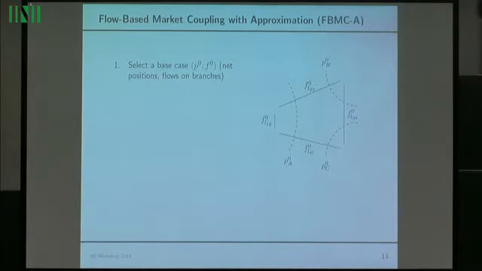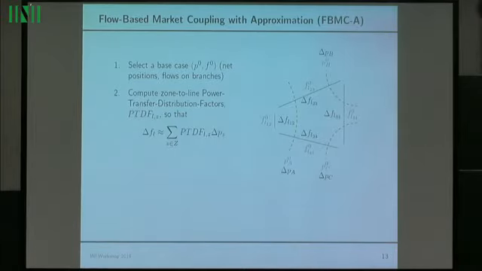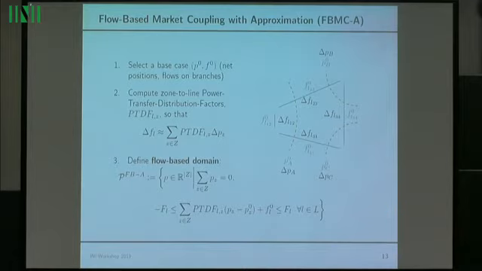The current approach considers a base case, says suppose that the system on a base case is dispatched at this level, and let's do a first order Taylor approximation around the current operating point. So we assume a base case of zonal injections, we assume reference flows, and then we have this flow-based domain, which is a first order Taylor approximation of the actual flows.